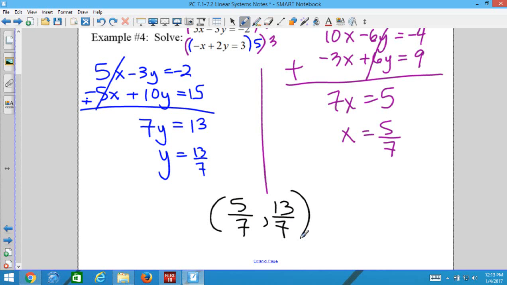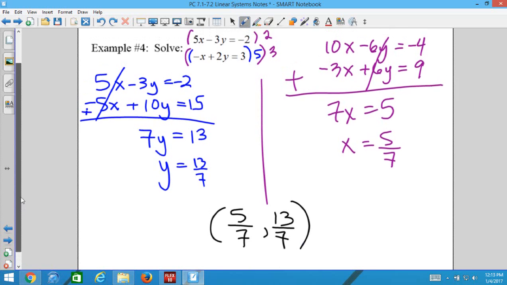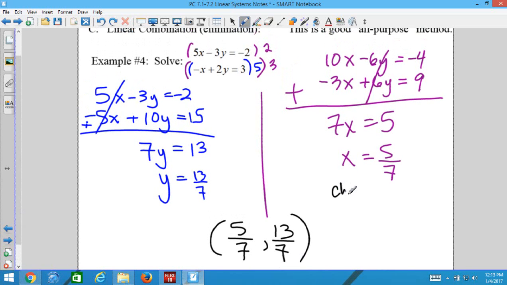I would suggest, since it doesn't say don't use your calculator, that we check it by plugging into our calculator. I would just do 5 times 5/7 minus 3 times 13/7 and hit enter.